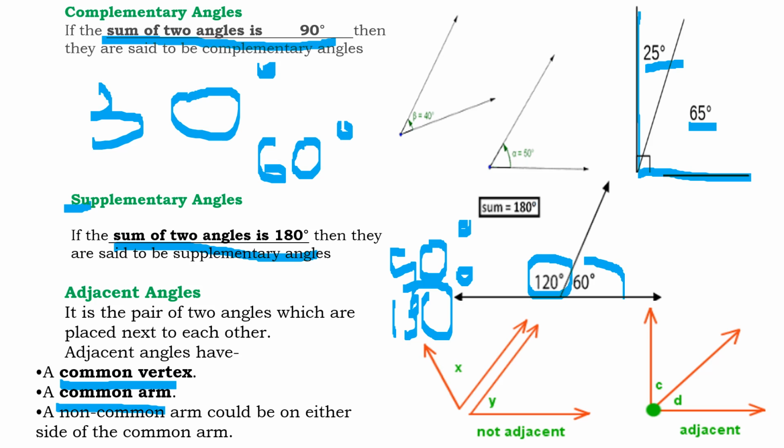So here you see one angle is this, another angle is this. When I am attaching both of them, what we are getting is this kind of figure. Now here, which arm is the adjacent arm? This arm is the adjacent arm because it is shared by both part C and part D. Clear?